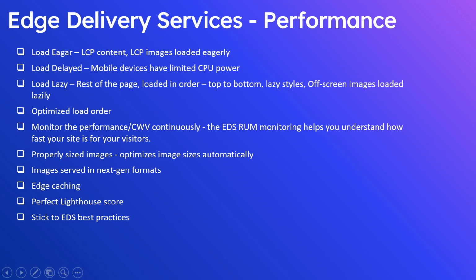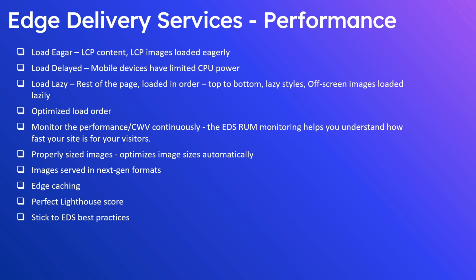The website performance and core web vitals are continuously monitored. EDS uses real user monitoring tools to continuously monitor the websites. That helps to understand how the website is behaving for your visitors and to implement the required improvements. EDS automatically optimizes the images.